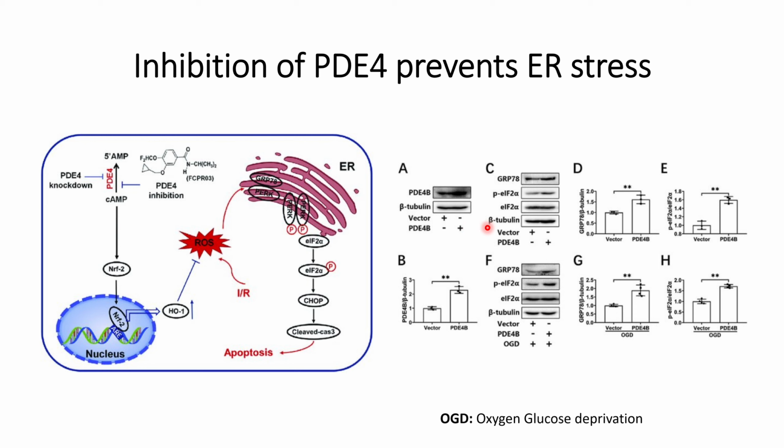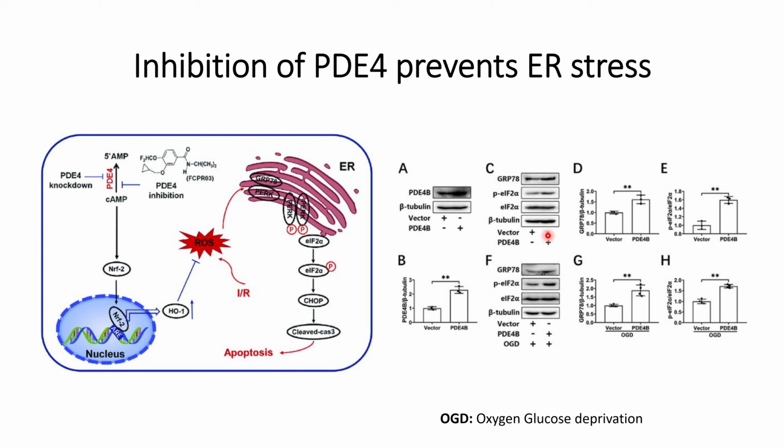Then they checked various proteins that are upregulated in ER stress. They found that phosphorylated EIF2 alpha is slightly increased, whereas the rest are almost similar, and GRP78 is also slightly increased.